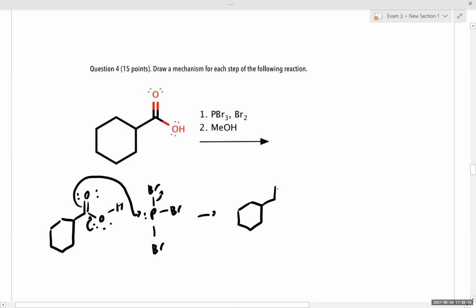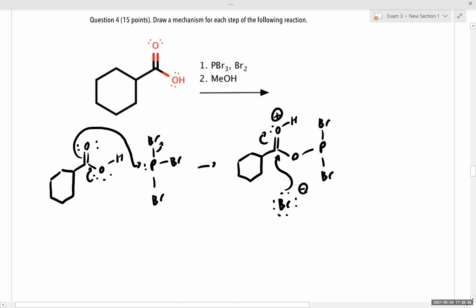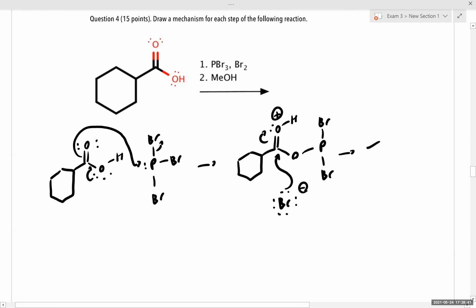That in turn gives us an activated alcohol equivalent as our leaving group. And we've also activated our carbonyl carbon for reaction with even weak nucleophiles such as bromide.